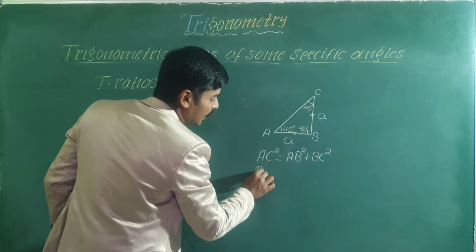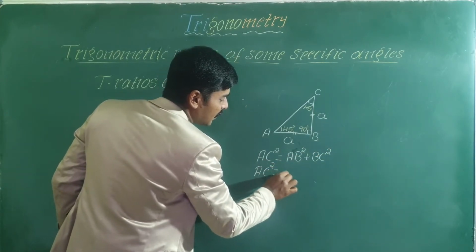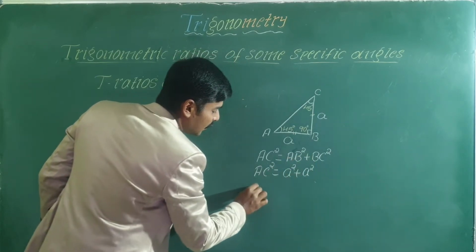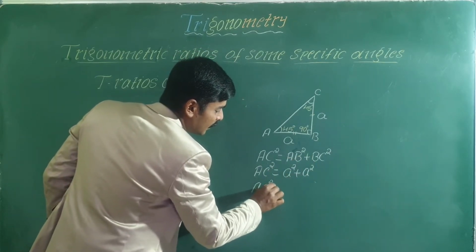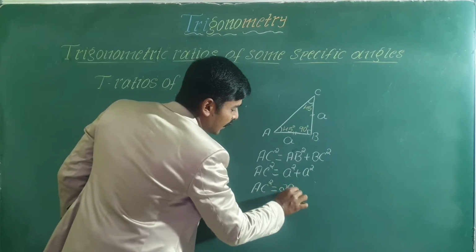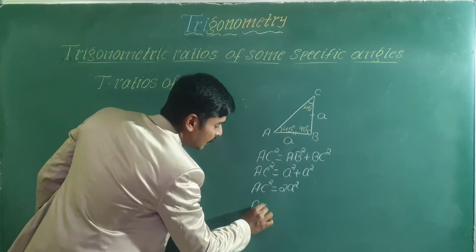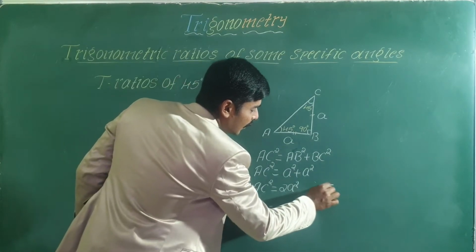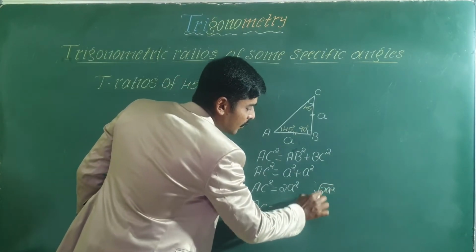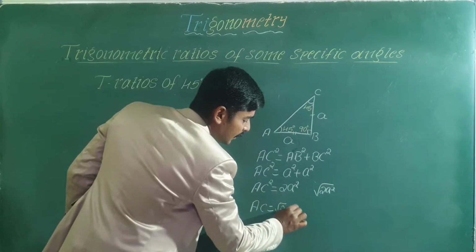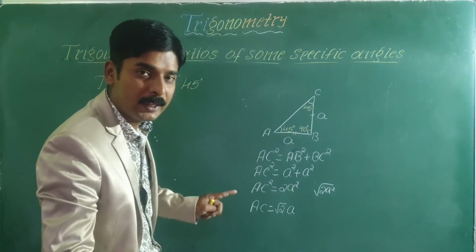So AC square is equal to A square plus A square, that is equal to 2A square. So AC is equal to the square root of 2A square. Square root of 2 is root 2. Square root of A square is A. So it is root 2 into A.